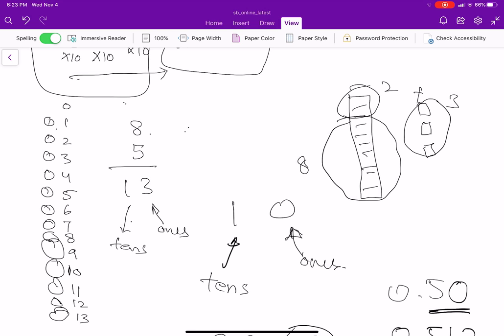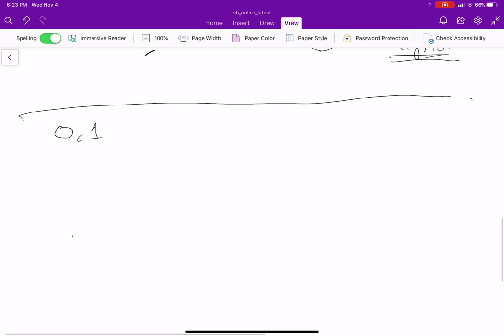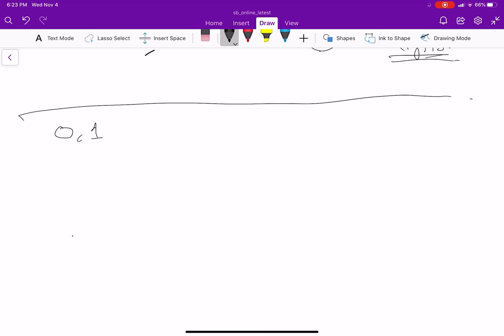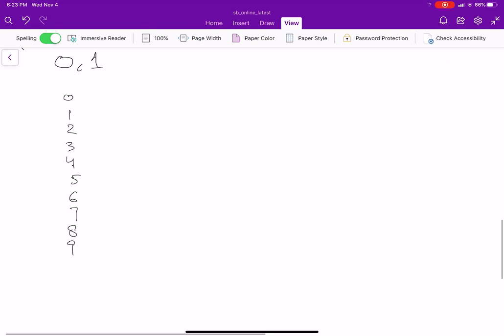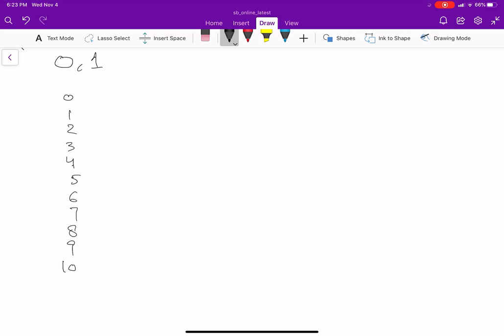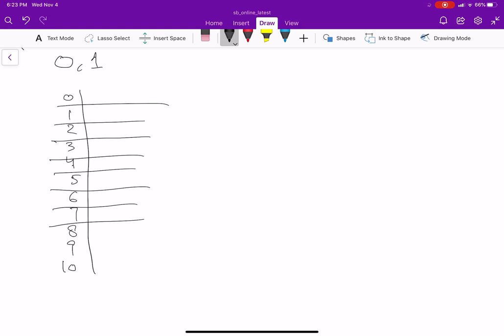So I'm going to show you something funny. Stay with me. Before we had 0, 1, 2, 3, 4, 5, 6, 7, 8, 9, right? And 10. After 9, we ran out of symbols, and that's why we wrote 10. But now we're gonna run out of symbols pretty quickly, because after 0 and 1 we ran out of symbols.